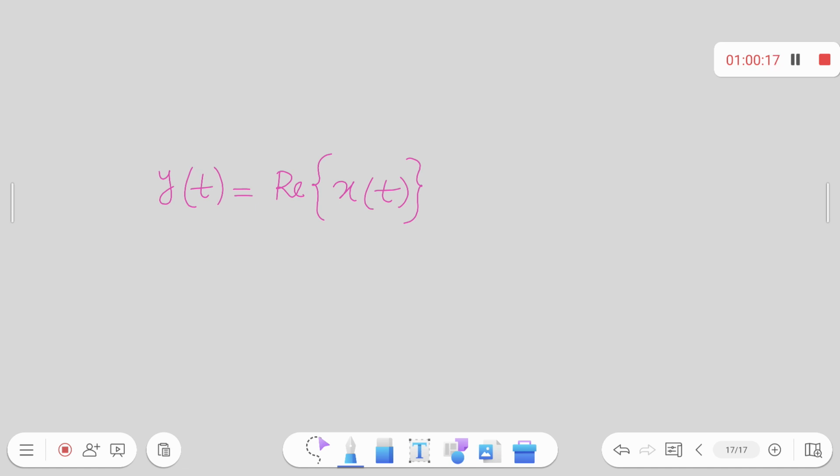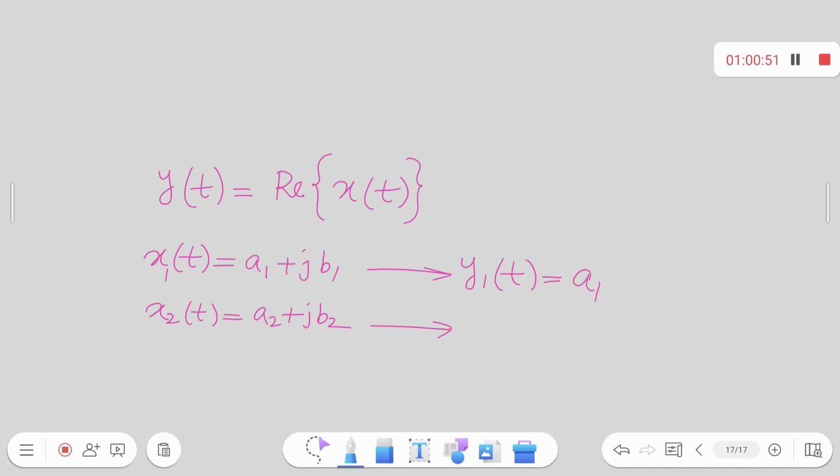Let's take just two sets of x of t. One is x1 of t, that is say a1 plus j b1, and x2 of t is equal to a2 plus j b2. Right? What will be y1 of t? What is y1 of t? a1.